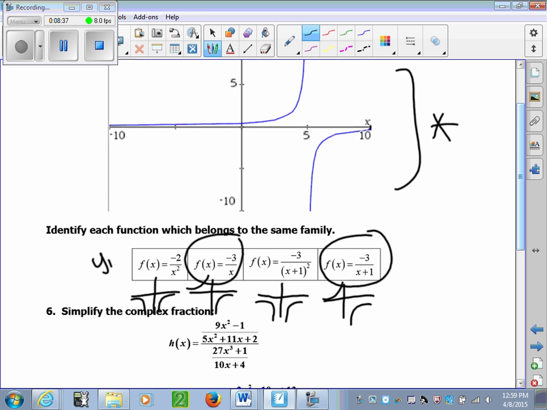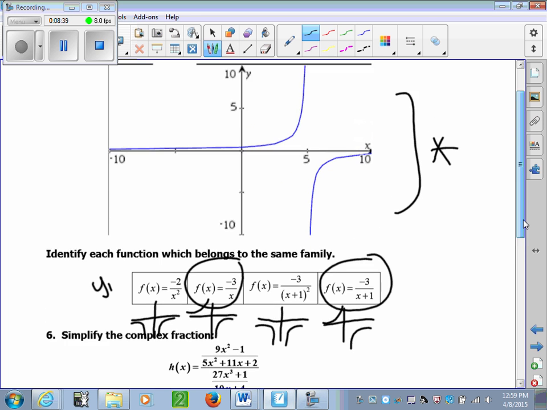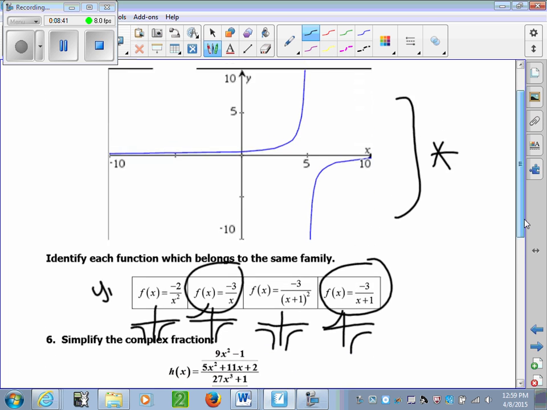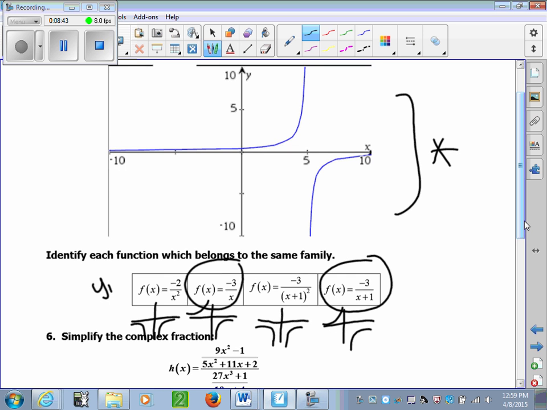Now, what you're really looking at is, if you know what your graphs should look like, you would notice that to have a graph that goes like this and like this, where they reflect over the x and y axis, you have an x to the first here and an x to the first here.